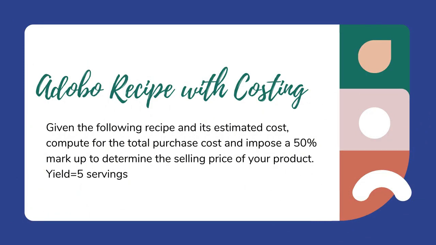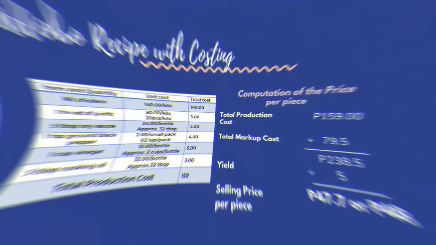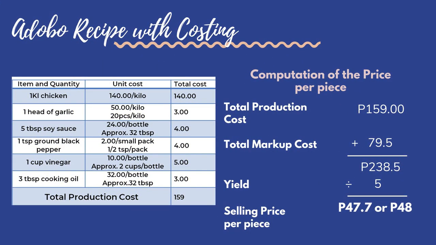Adobo recipe with costing. Given the following recipe and its estimated cost, compute for the total purchase cost and impose a 50% markup to determine the selling price of your product. Yield is 5 servings. One kilo of chicken is 140 pesos per kilo, and that will be 140 pesos.